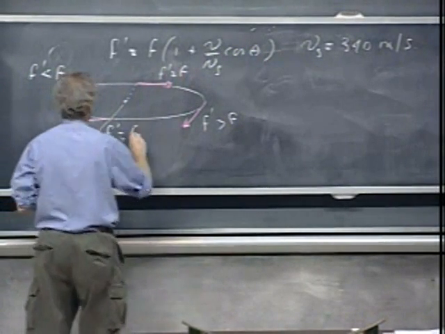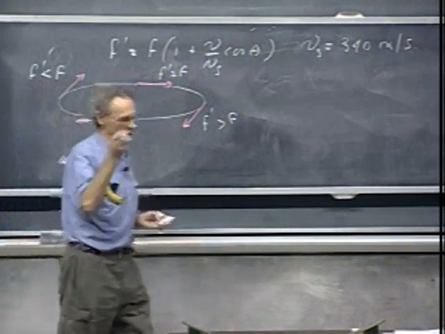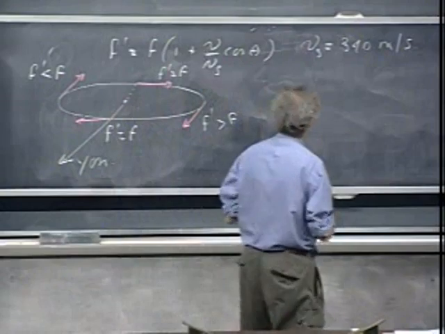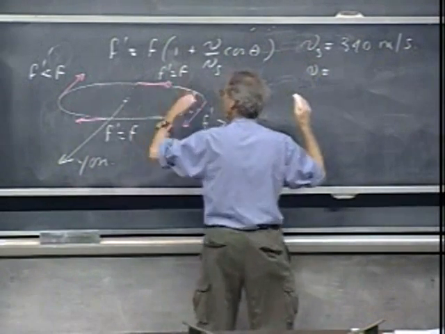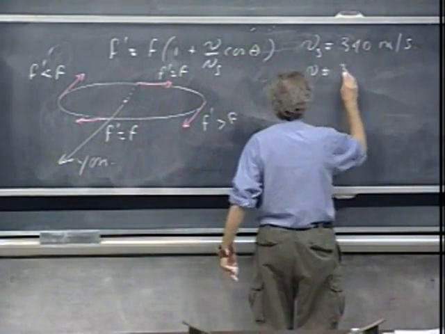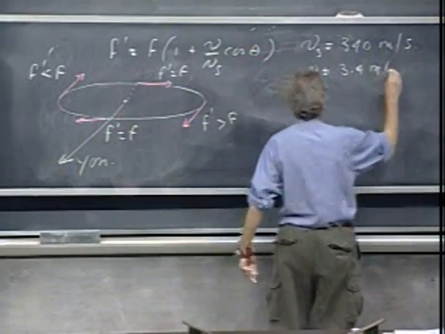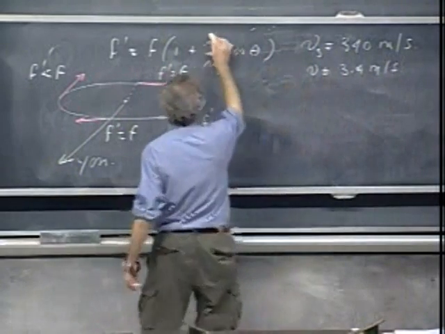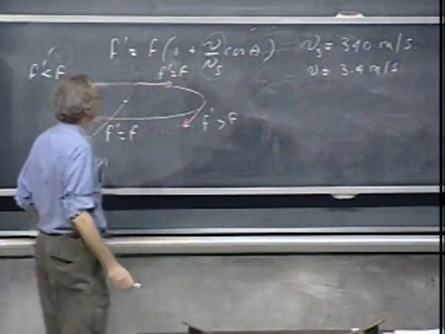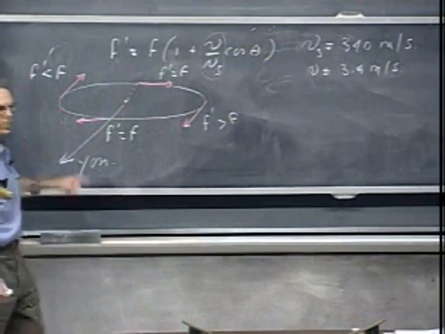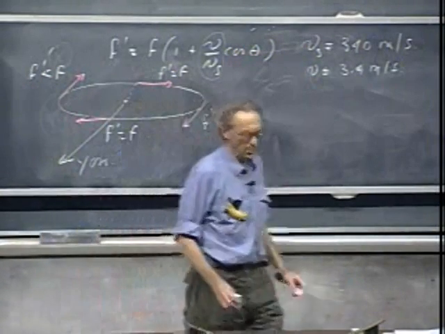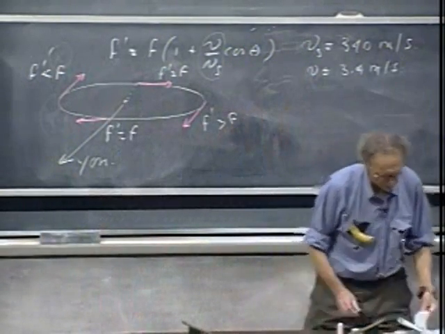So when I twirl something around with an orbital velocity of 3.4 meters per second, just to get some nice numbers, then this is 0.01. And so if it comes to you, you hear an increase of 1% in the frequency. When it goes away from you, you hear a decrease of 1%.